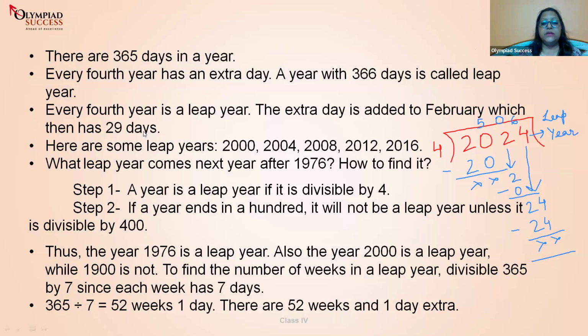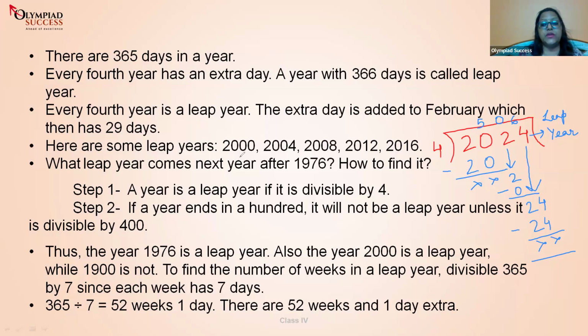Now, can you tell me what will be the next leap year? If 2024 is your current leap year, what will be the next one? It comes every 4 years. Yes, it would be 2028, correct.